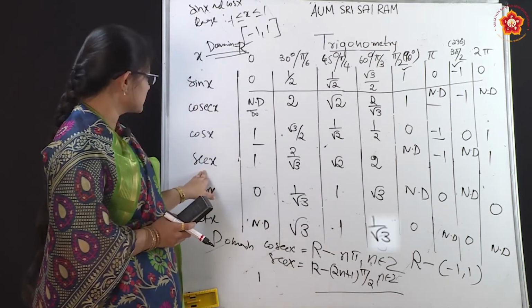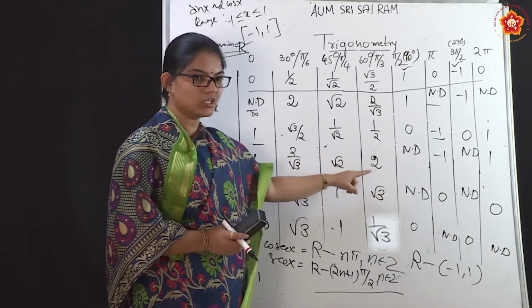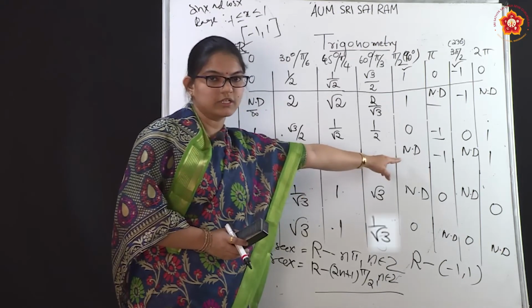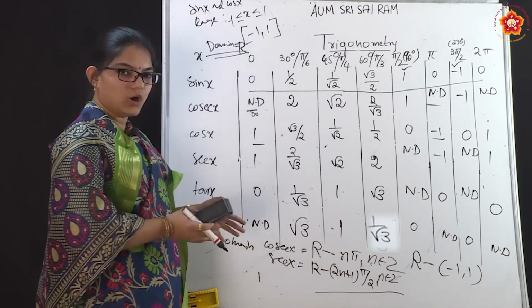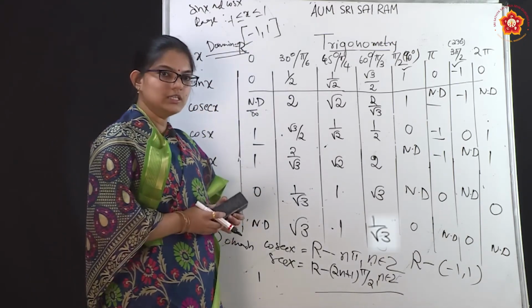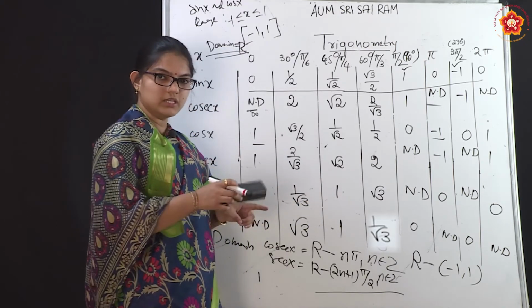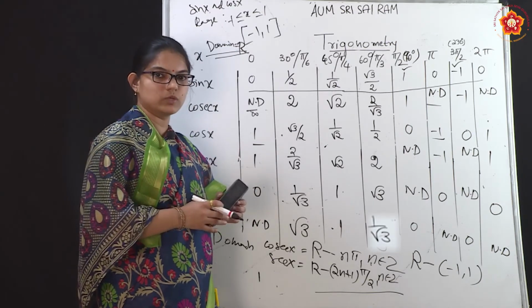Similarly, if we consider secant x, the same thing applies: 0 is not there, 1 and minus 1 are there, and infinity, the not defined condition, we can find. So the values of secant x involve all the real numbers except the range minus 1 less than x less than 1, that is the open interval (-1, 1).